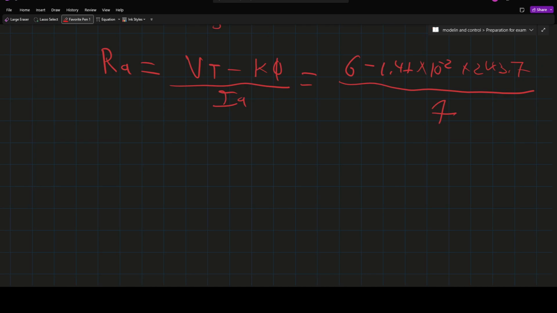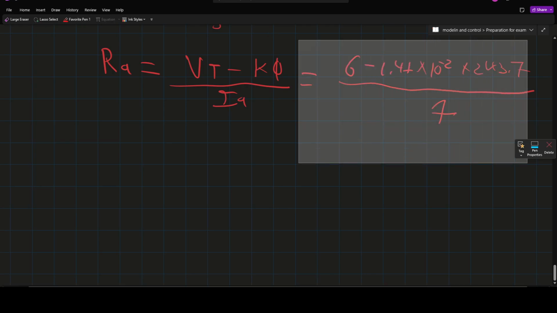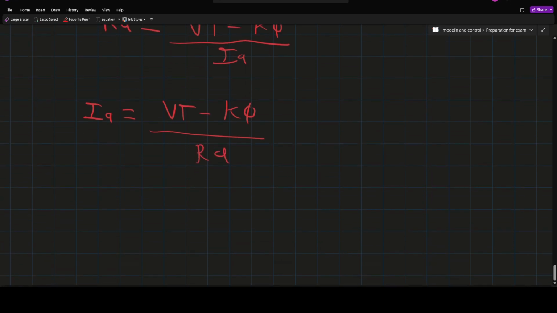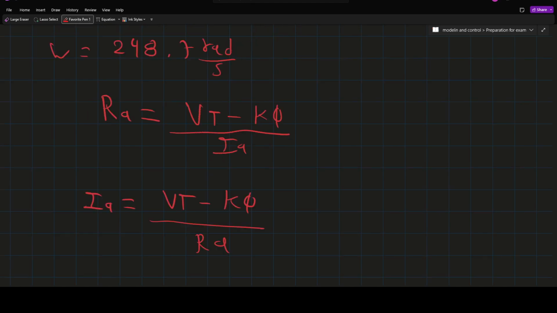Oh, wait. Okay, now I see why this looks weird. We don't want Ra, we want IA. So this is going to be VT minus K phi omega over RA. Okay, now it makes more sense. Of course, now that I look at the formula, I know that we're missing our omega.